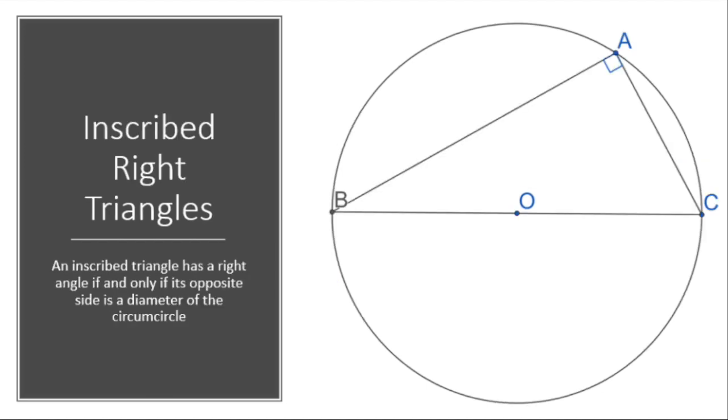We've got a diameter BOC. We know it's a diameter because it was drawn by construction, and O is the center of the circle, and it's a straight line that passes through the center of the circle, so it must be a diameter.